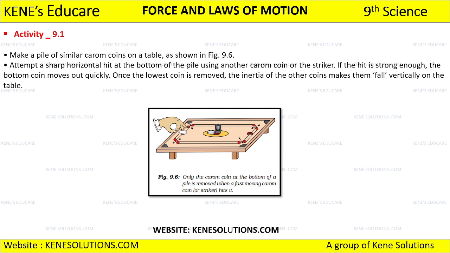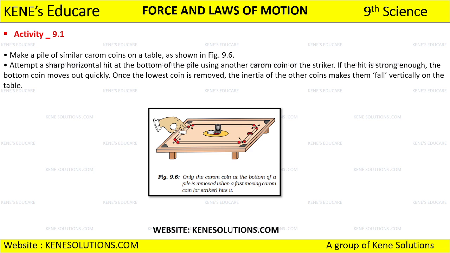What will happen if the hit is strong enough? The bottom coin moves out quickly, and once the lowest coin is removed, inertia of the coins makes them fall vertically on the table. So the reason is because of inertia.